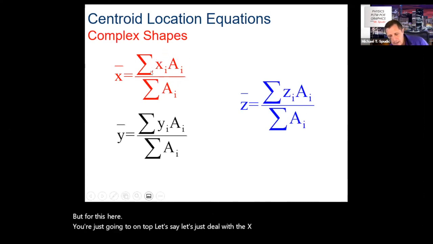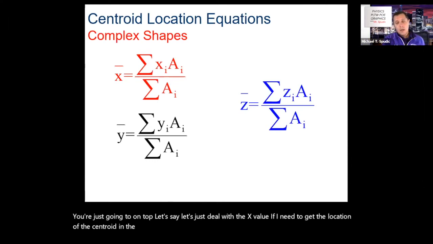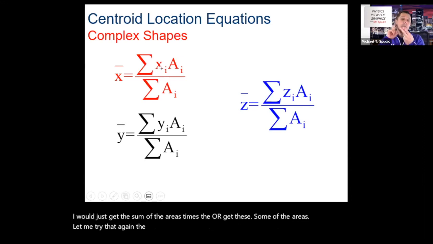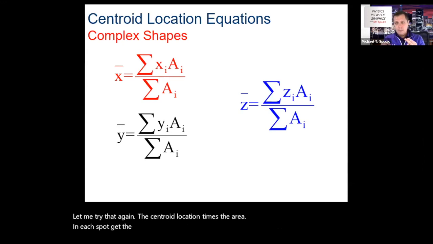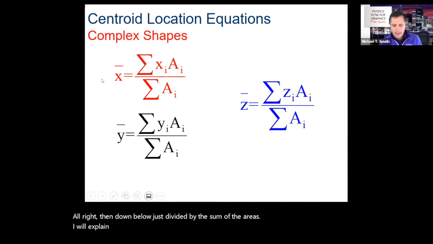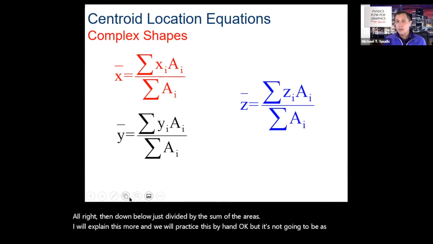If I need to get the location of the centroid in the X value, I would get the sum of the centroid location times the area in each spot. Then down below, just divide it by the sum of the areas. I will explain this more and we will practice this by hand. It's not going to be as crazy as you think.